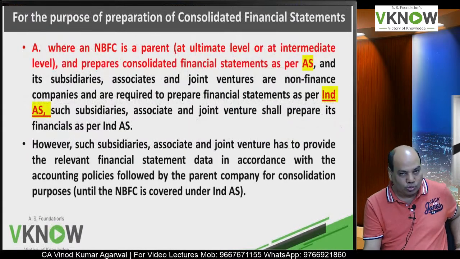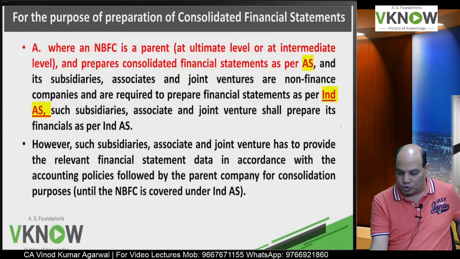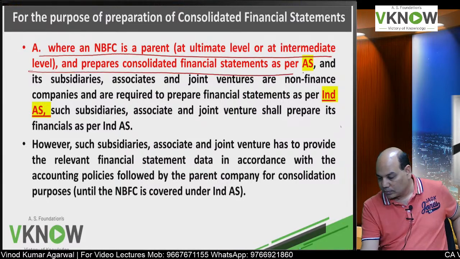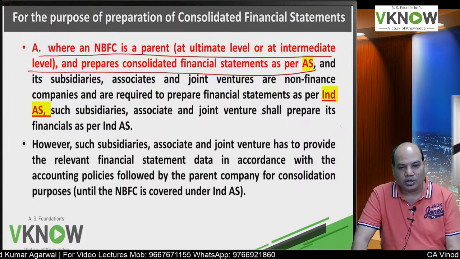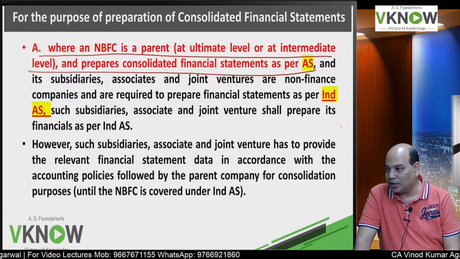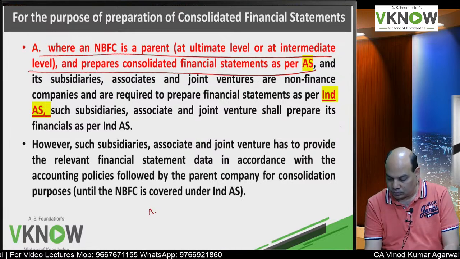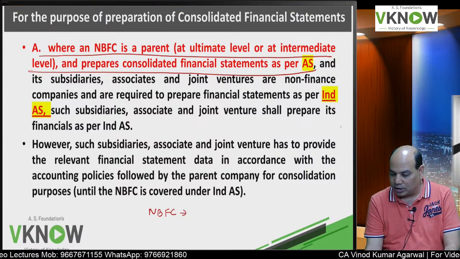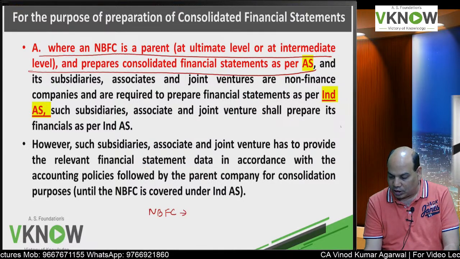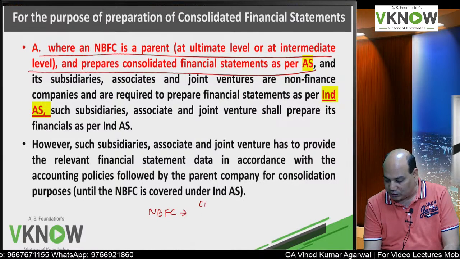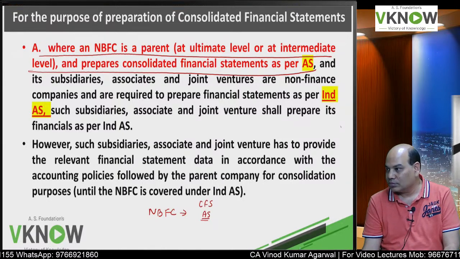So I am going to take two situations. Case A, you can underline this portion, which I have written in red font on the screen, where an NBFC is a parent at ultimate level or intermediate level and prepares CFS as per accounting standard.